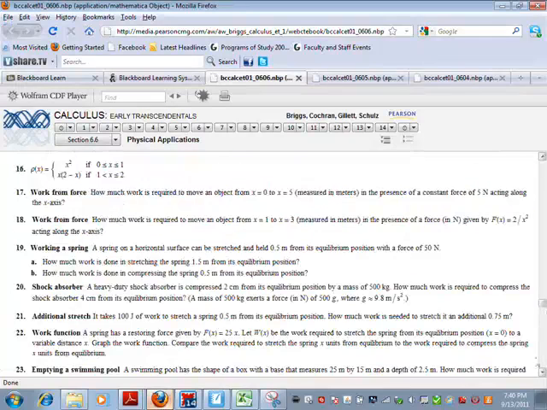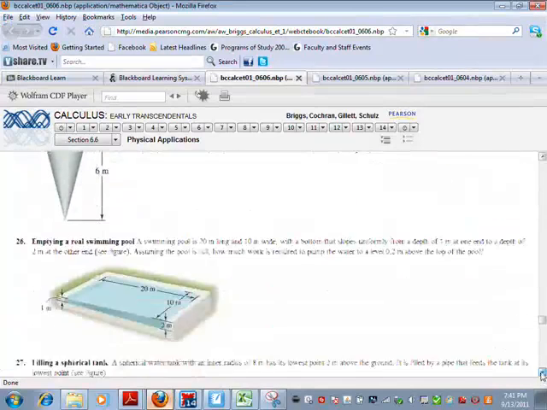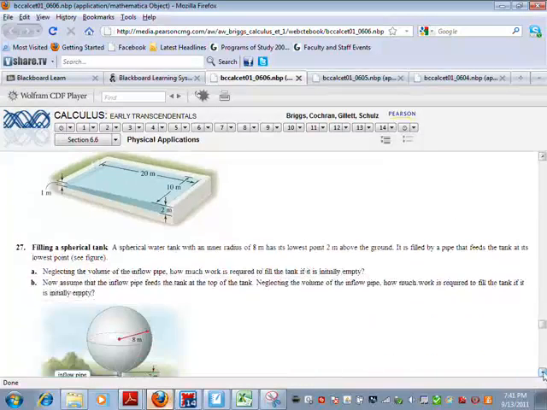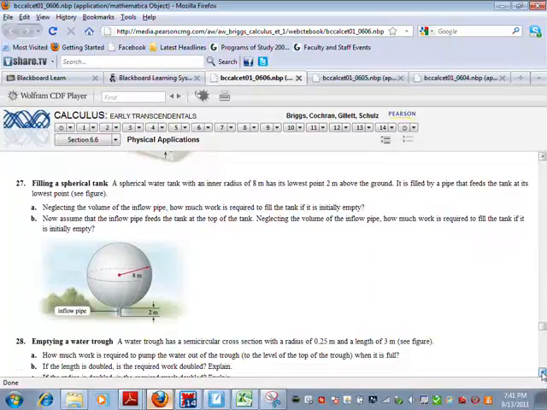So the area would be pi times y over 4 squared? Yes, that's right. That's the area. I'll write it in just a second. So there's a cone, there's a swimming pool that's got some things going on there, there's a sphere.